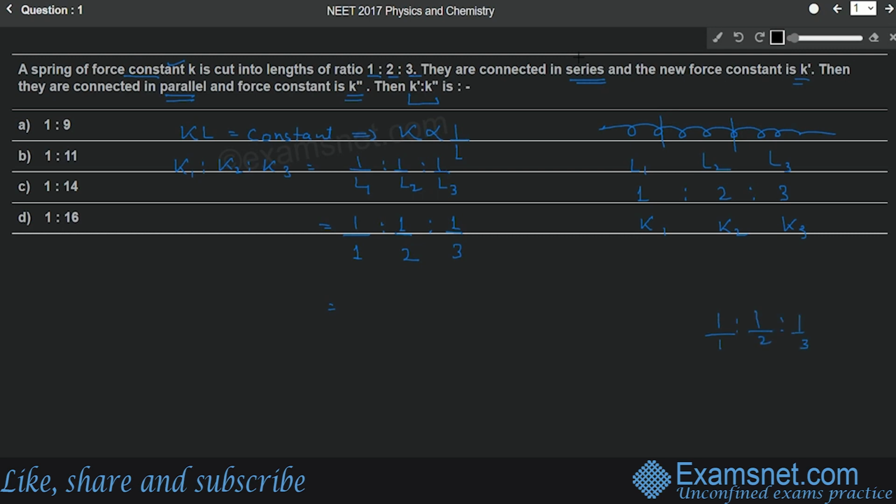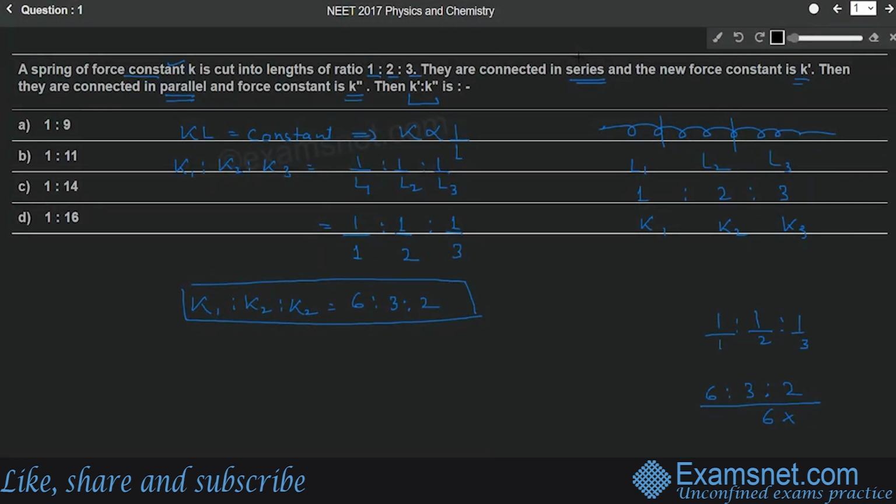The LCM of 1, 2 and 3 will be 6. So 1 into 6 is 6, 2 into 3 is 6, so it will be 3 here, and 3 into 2 is 6, so it will be 2 here. If we ignore the denominator, we write 6 is to 3 is to 2. So this will be the ratio of spring constants of these three pieces, right?